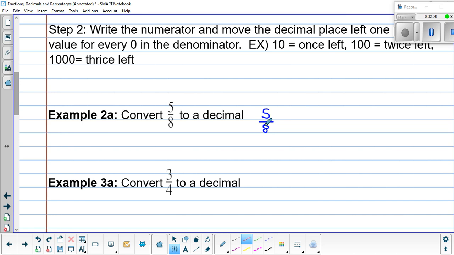Oh, right. So that's times by 5. So here we can times by 5, and that means we times the top by 5. Then we end up getting 25 over 40.